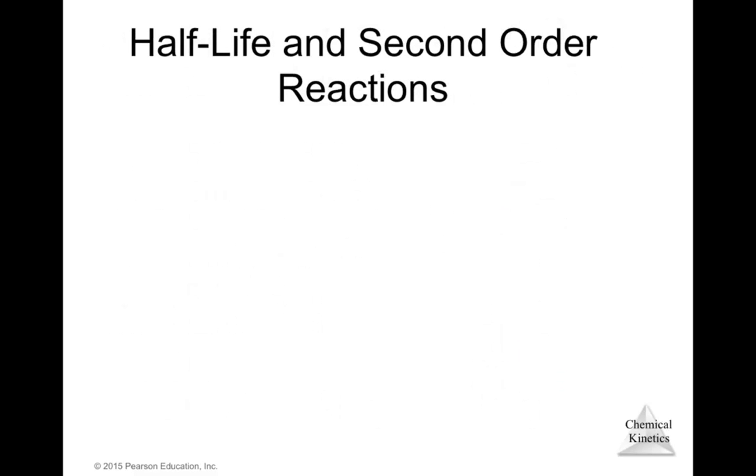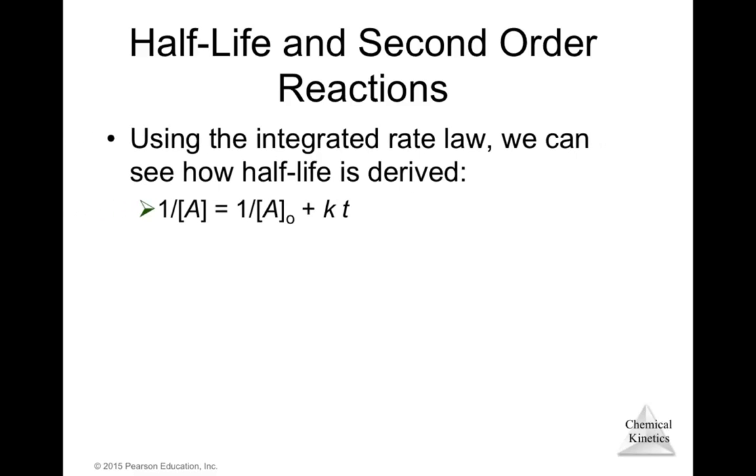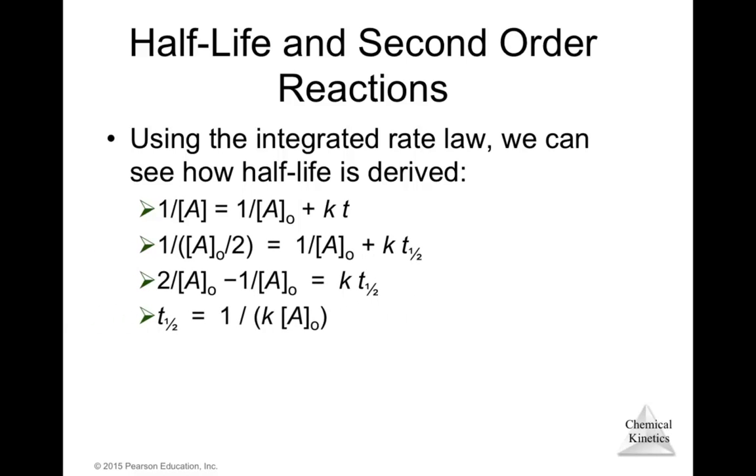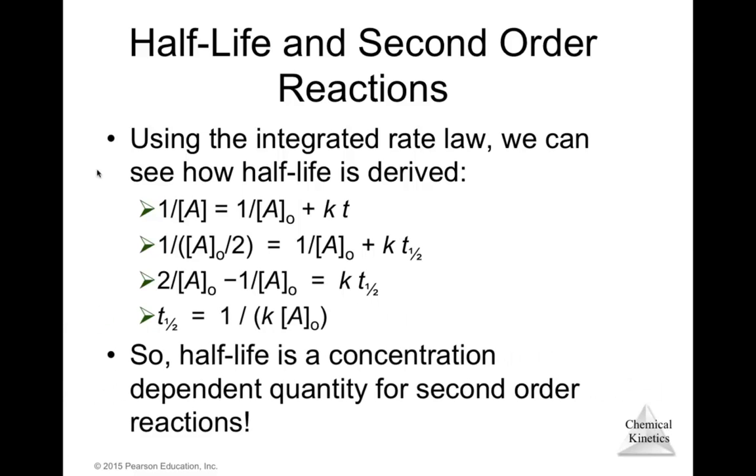For the half-life in second order reactions, we use this expression for the second order reaction. After some derivations and math, we finally obtain this equation: the half-life is equal to 1 over k times the initial concentration of A. This is the expression for the half-life of a second order reaction, and it is the most important equation that we need to understand and learn.